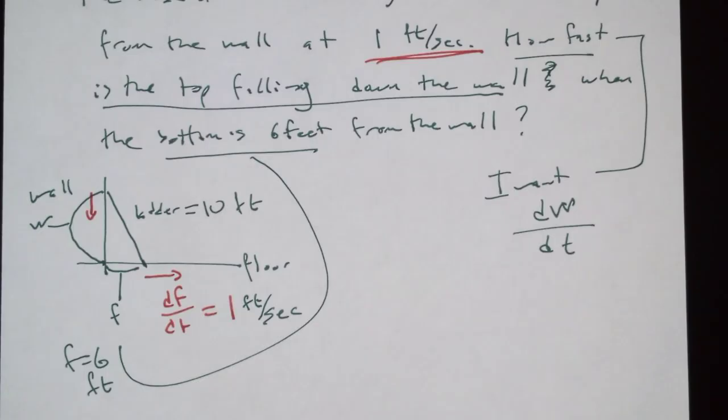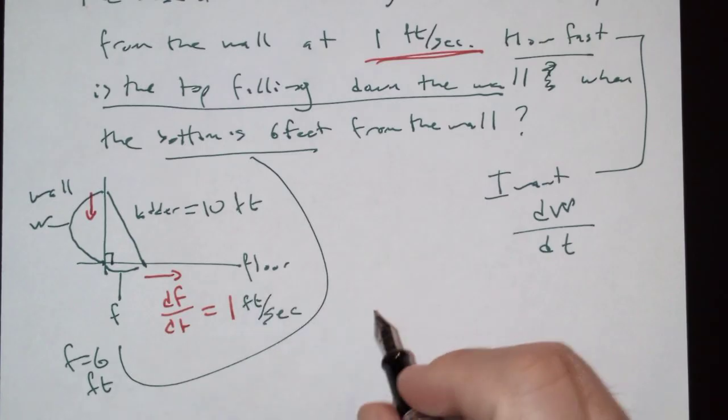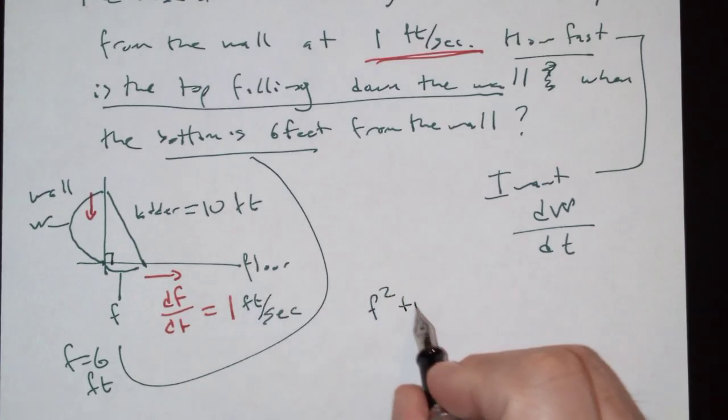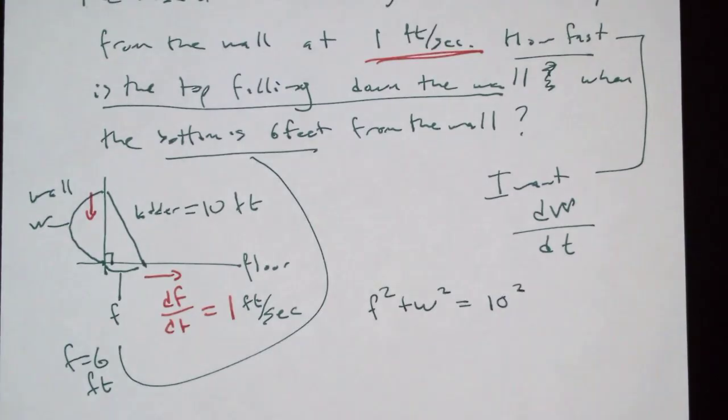Pythagoras, because that's a right triangle. At least I'm assuming the building is nice and square, right? So if this is a right angle, then by Pythagoras, I know that F squared plus W squared is 10 squared because the ladder doesn't change. F and W change, but the ladder doesn't.